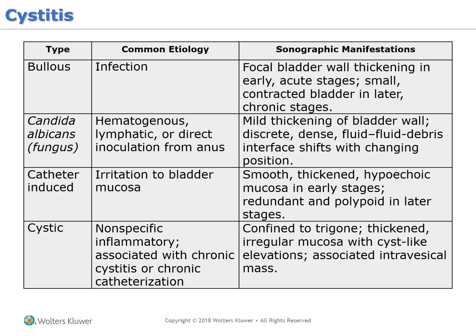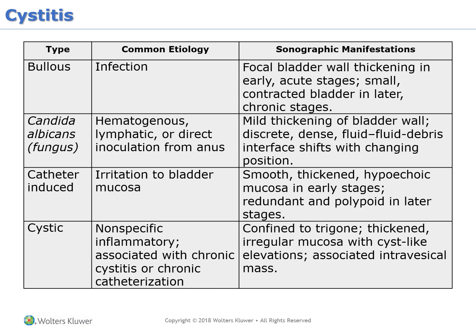Now, most people have a really good immune system against fungus, so you're going to be at higher risk of Candida albicans cystitis if you have a compromised immune system, like our HIV/AIDS patients, chemotherapy patients, people like that. With this, you're going to see that bladder wall thickening, more fluid debris interfaces, and things like that.